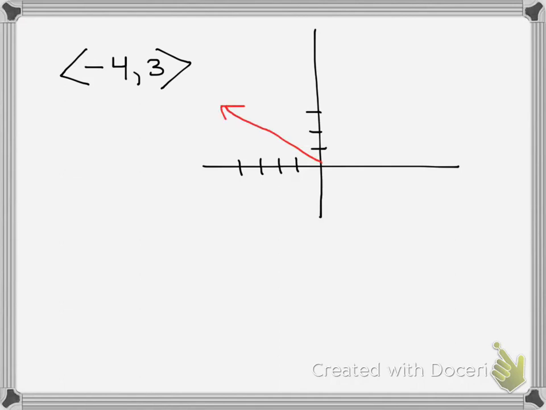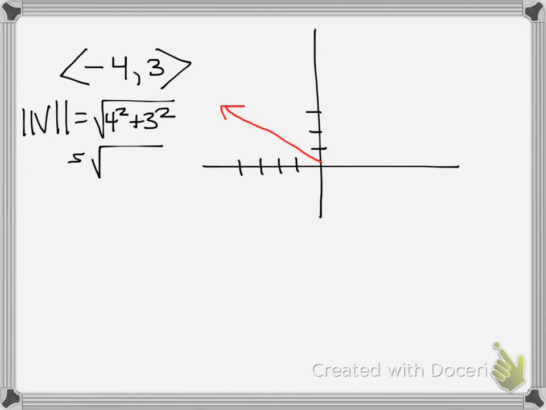Okay, now this vector has a magnitude, which we can easily calculate with the Pythagorean theorem. The magnitude of vector v is equal to the square root of 4 squared plus 3 squared. So that's the square root of 25. Oh, that was a 3, 4, 5 triangle, huh? Okay, so we've got a magnitude of 5, and then I want the direction angle.